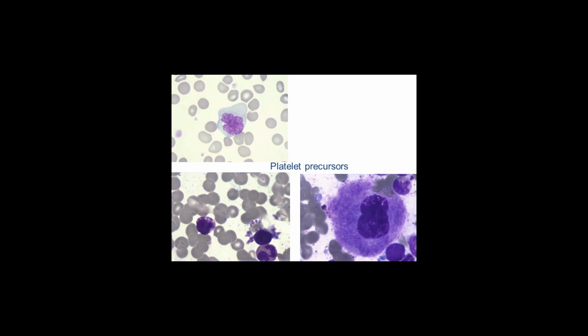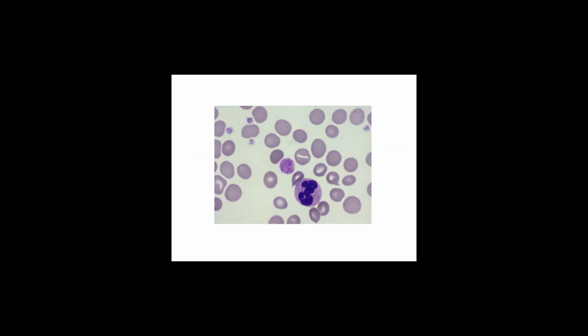So once you are scanning the whole slide, you should make a note of whether megakaryocytes are seen or not, what the distribution is, evenly or in clusters, and then we can go ahead. Sometimes a large platelet precursor is also seen, that is a proplatelet, which can be seen in the peripheral smear. Here it is again, a proplatelet which can be seen in the peripheral smear.